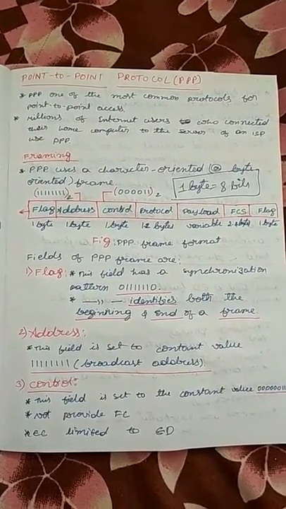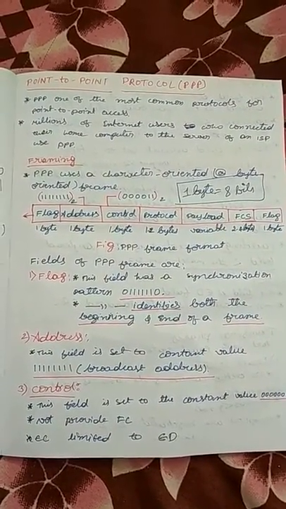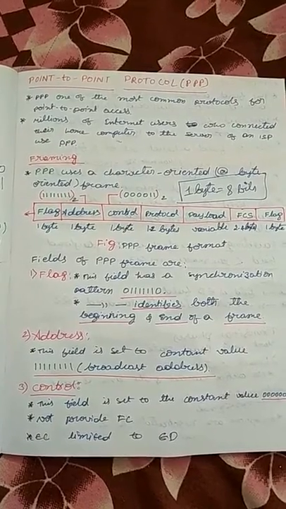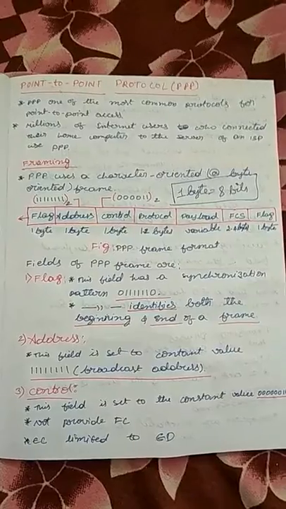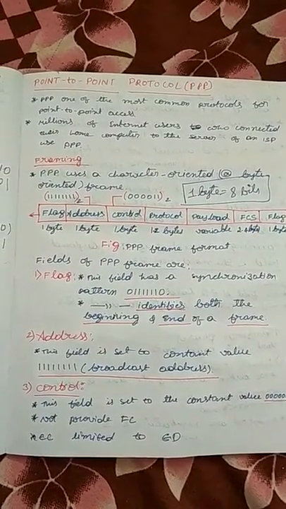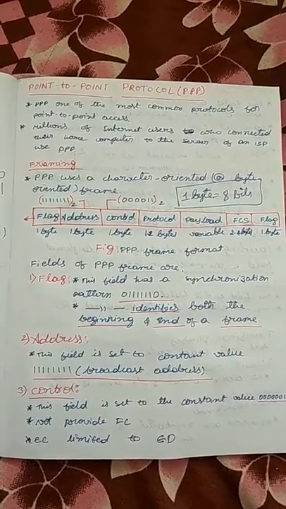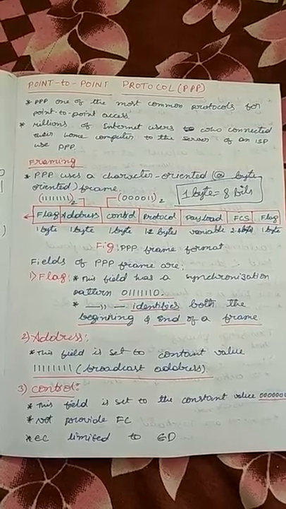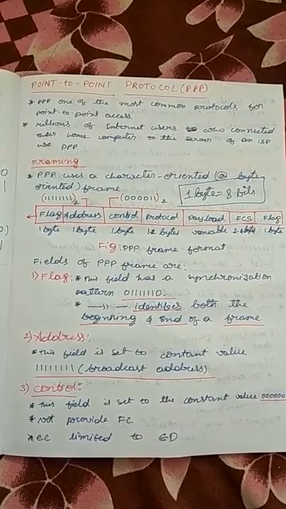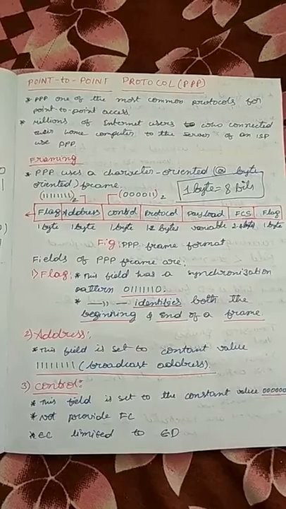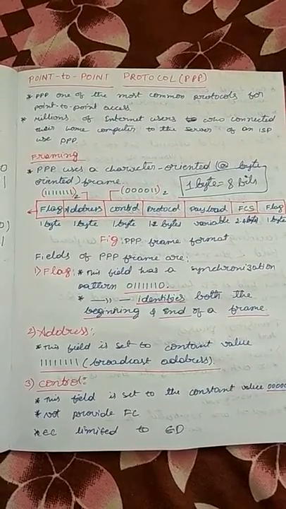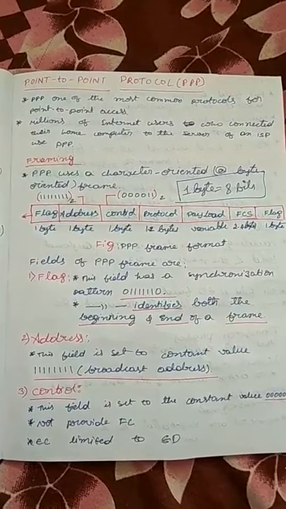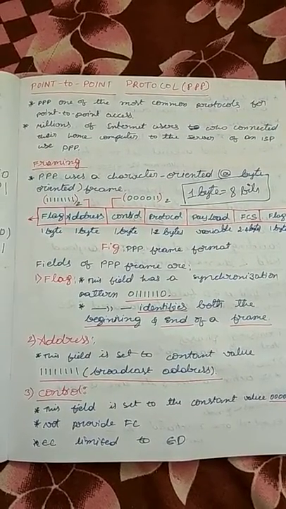Point to point access means we have to access two points, like A and B. In that case we are going to use Point to Point Protocol only. Millions of internet users who connect their home computer to the server of an ISP use PPP.